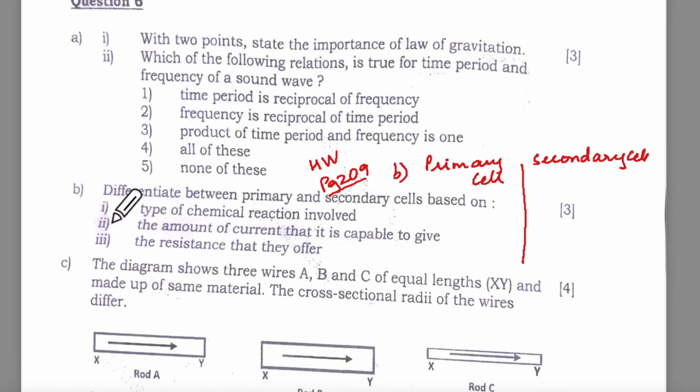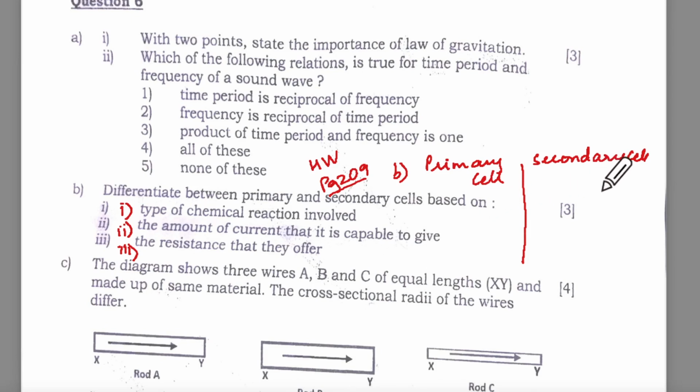Okay. Now what are they telling you first? They are giving you type of chemical reaction. So number 1, number 2 and number 3. Write in the margin. What is the first part? Type of chemical reaction. Now look at the differences. Primary cell, what type of chemical reaction is it?